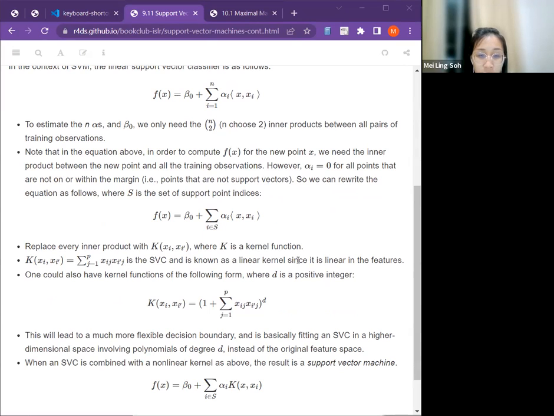We can also use, when we have polynomial kernels, usually this parameter, which is d, what we call the degree of polynomial. You can think of it, when your d is 1, your polynomial kernel computes the relationship between each pair of observations.